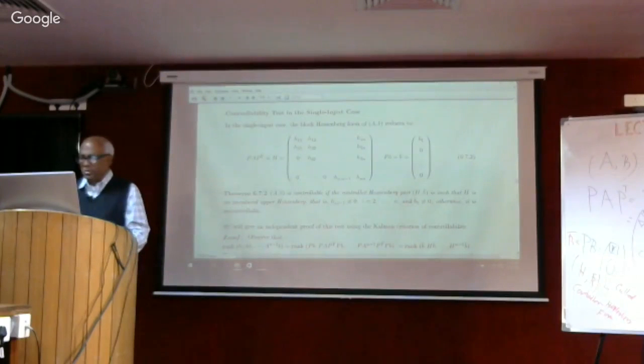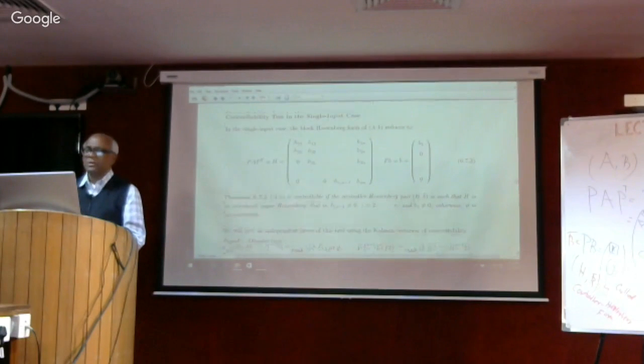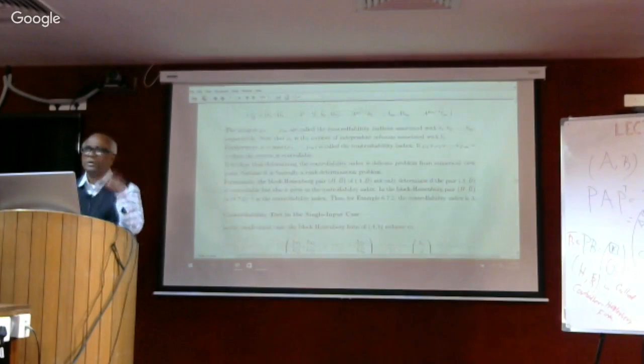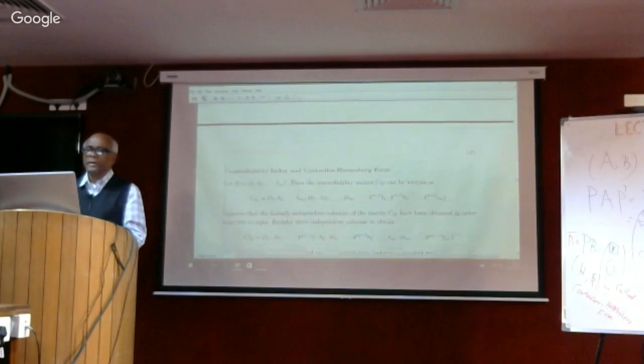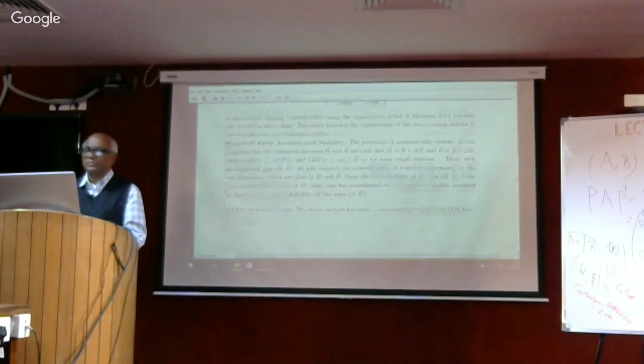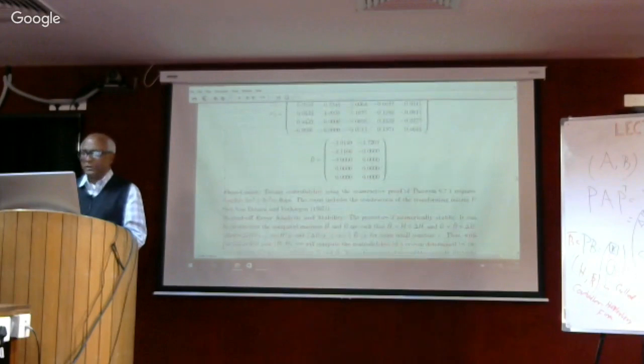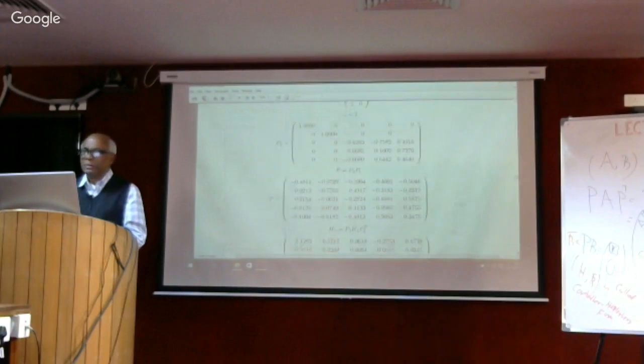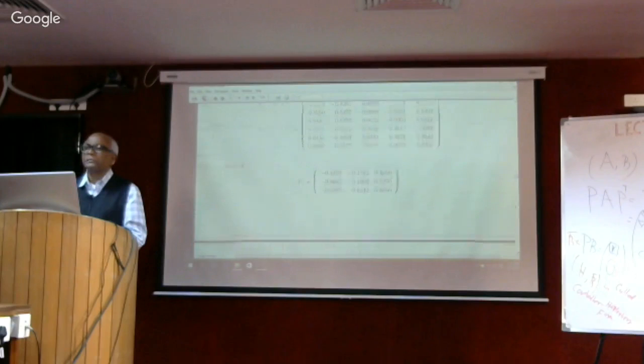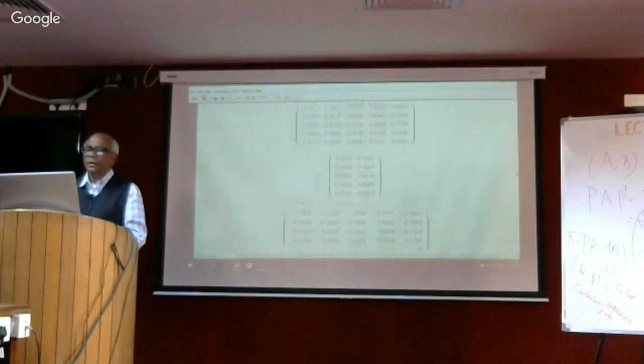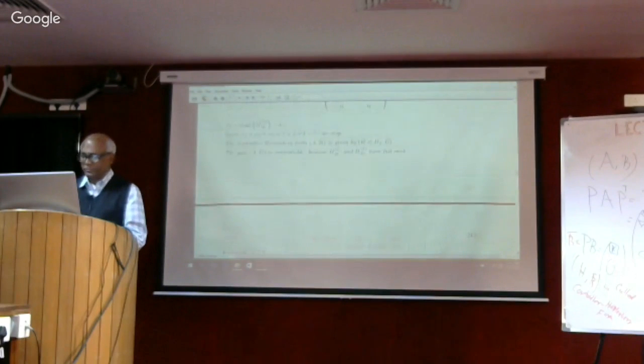The only thing I need to tell you is how to construct this pair. This is kind of complicated, but it's an extension of the Householder method. I don't expect you to know this at this stage. The good thing is that I have implemented this in my control toolbox.